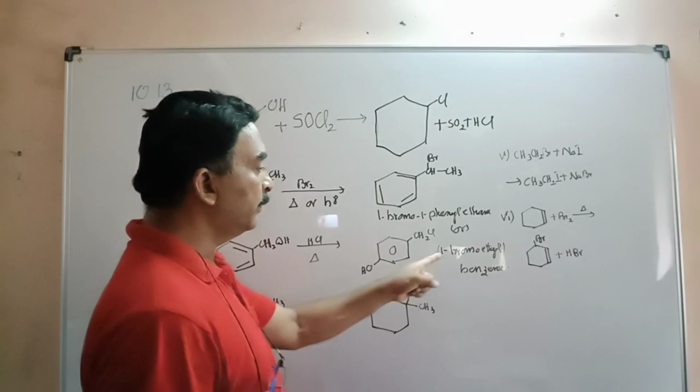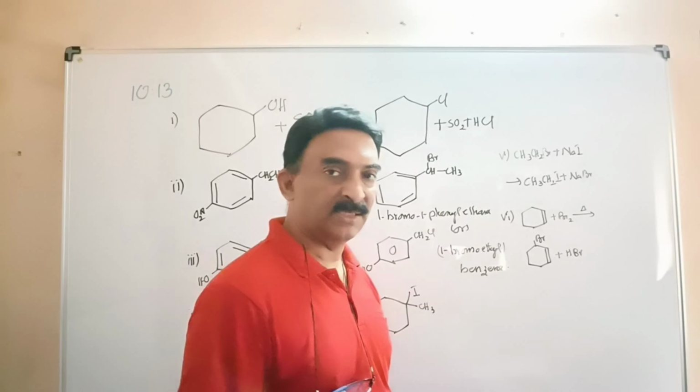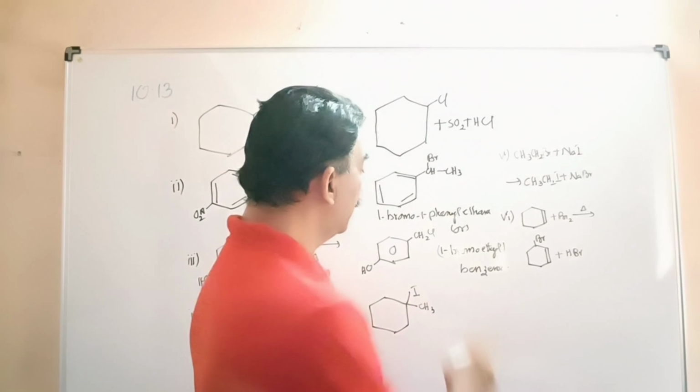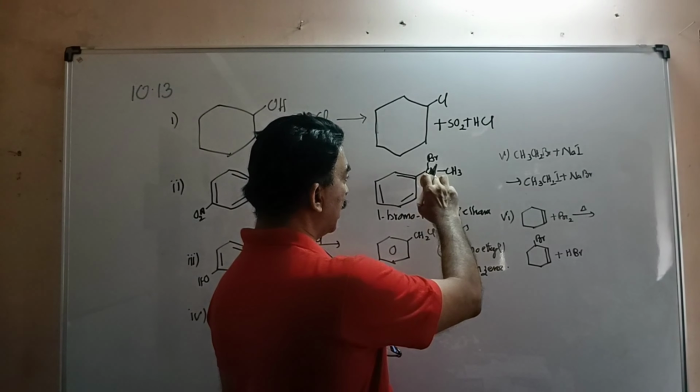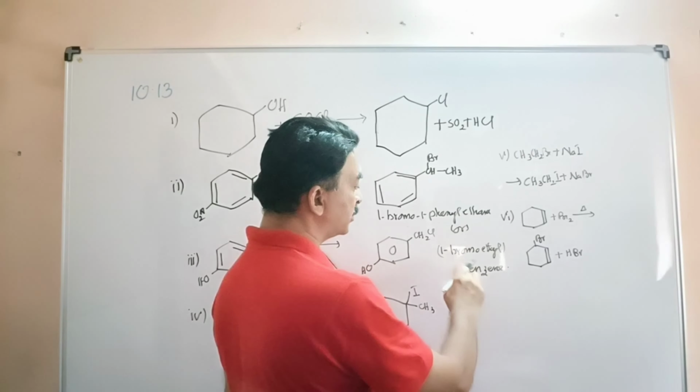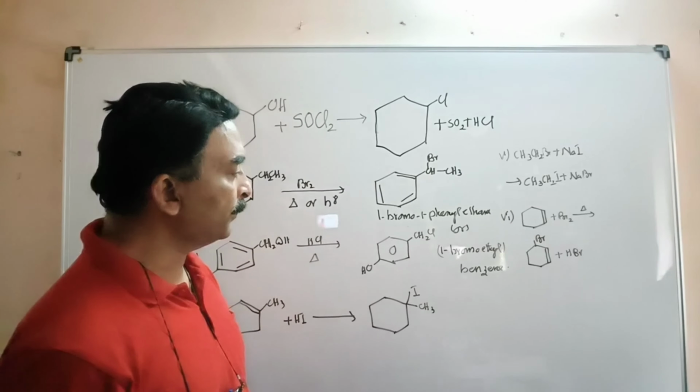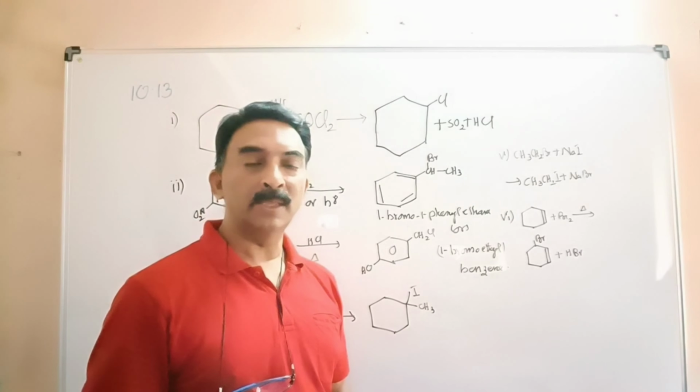Why this 1-bromoethyl in parenthesis? Because it suggests that this one is not of the benzene ring but of the alkyl group which is attached to the benzene ring. So the more preferable name is (1-bromoethyl)benzene.